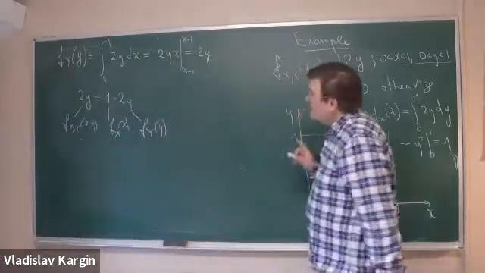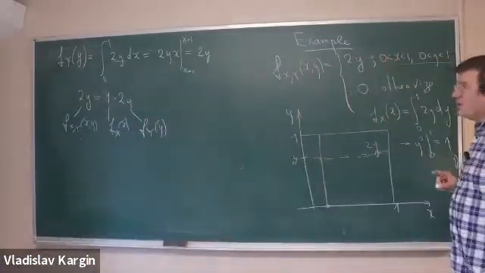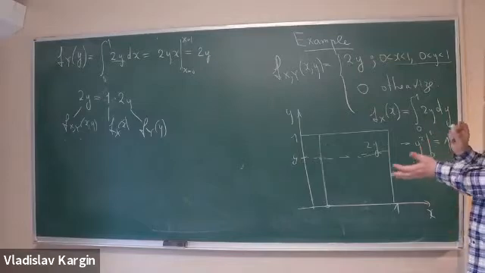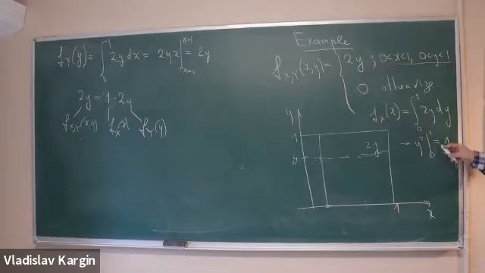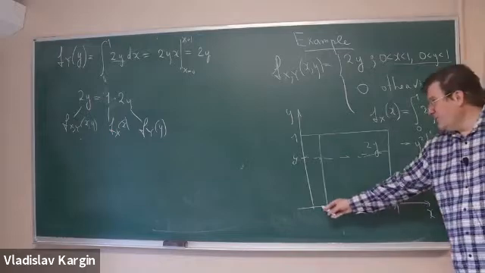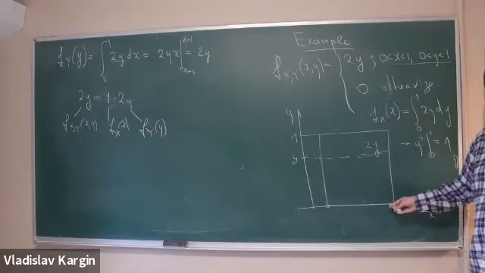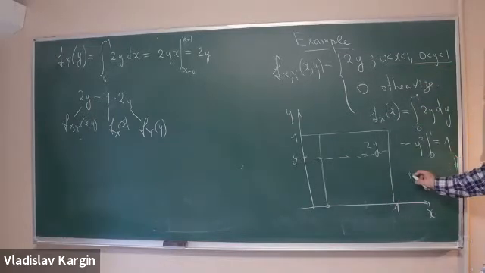One small thing, we were going formally here. This is okay, but it's slightly not correct that I wrote here that this marginal density is equal to 1. It's equal to 1 only if x is between 0 and 1. So in principle, I need to write: if 0 smaller than x smaller than 1.